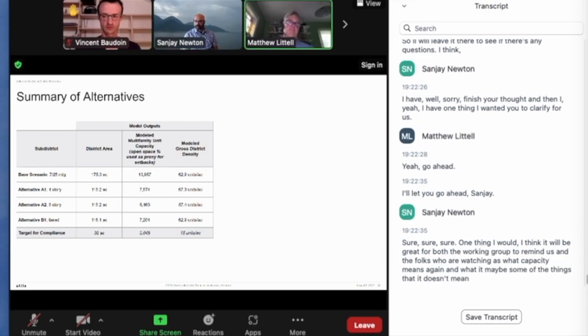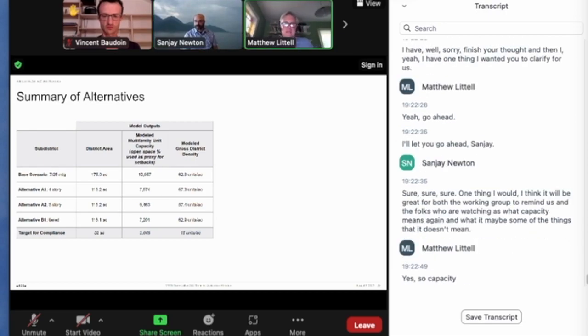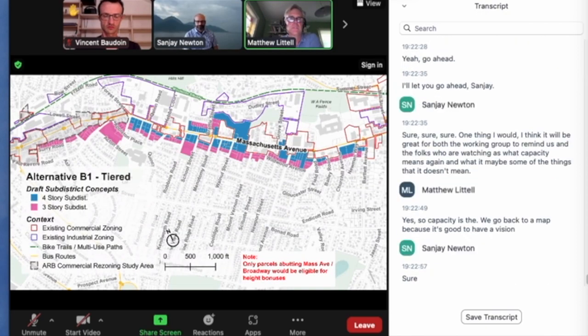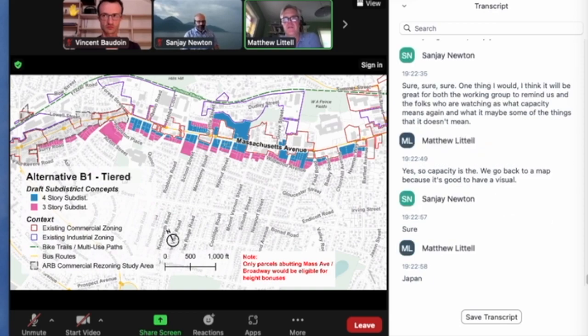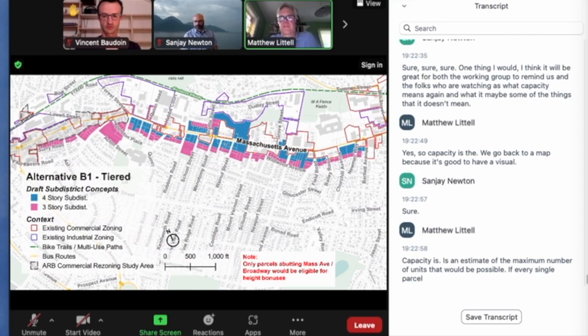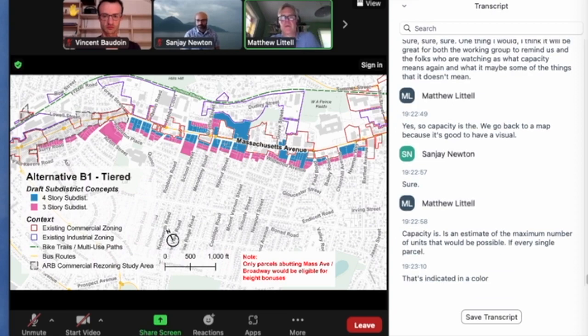Yes. Let me go back to a map because it's good to have a visual. Capacity is an estimate of the maximum number of units that would be possible if every single parcel that's indicated in a color on this map were vacated.